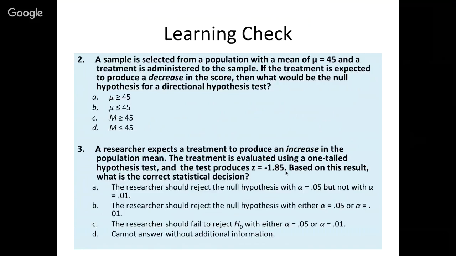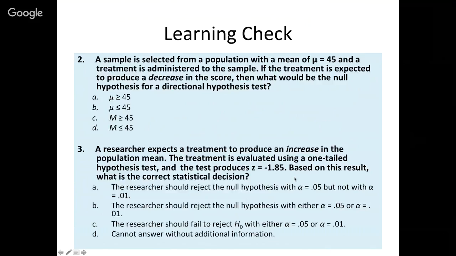In the first question, we said increase means the critical region is on the right-hand side of the distribution, which means the boundary of the critical region should be Z equals positive something, 1 point something, right? Or positive something. But here, the Z-score is negative. For sure, it's not in the critical region.